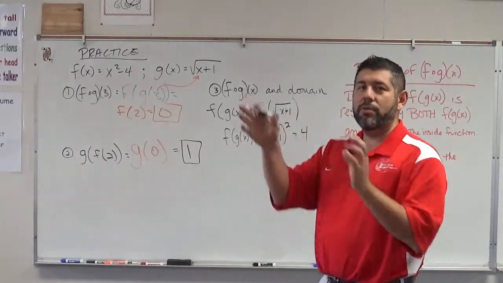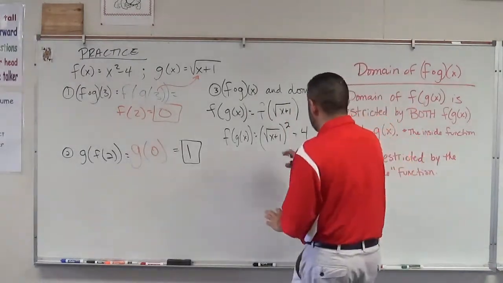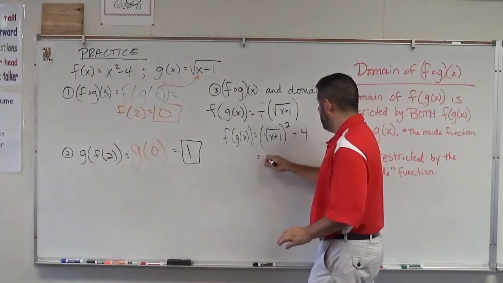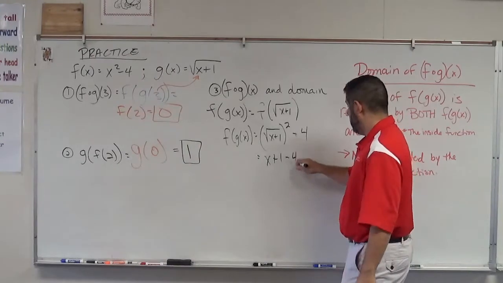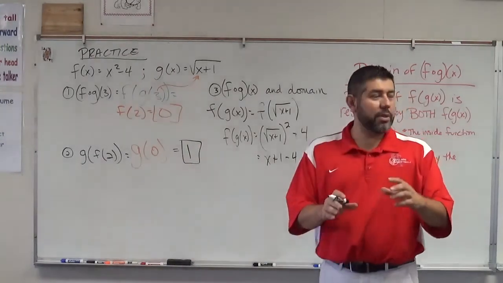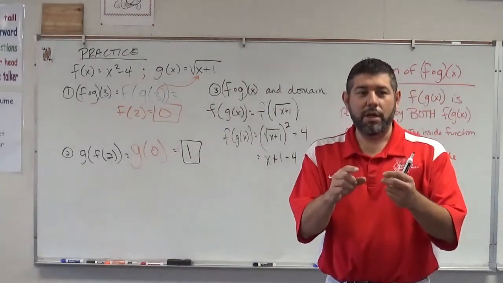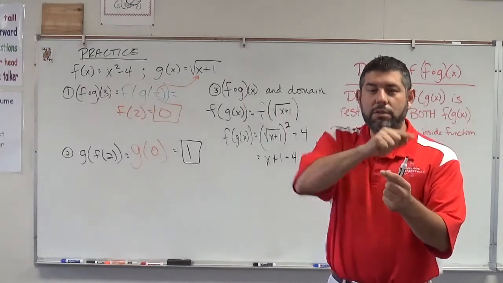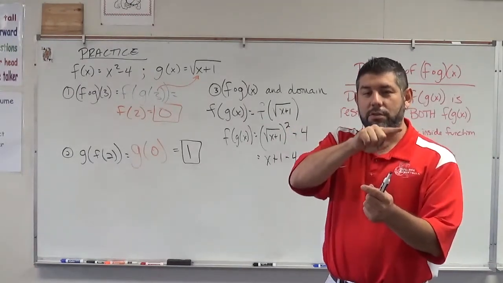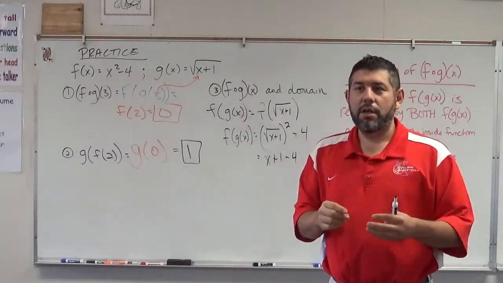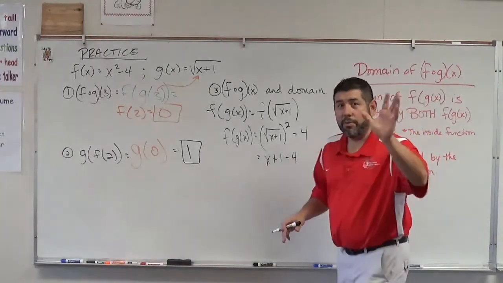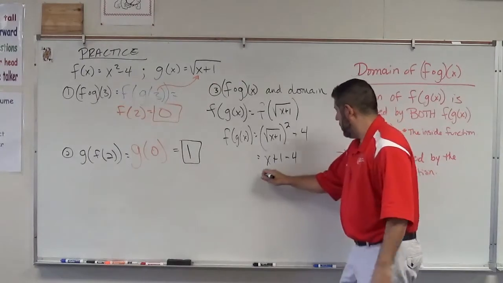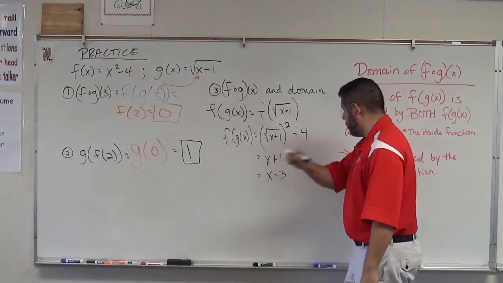It has to do with the powers, but for now, the square root squared is just whatever's inside, x plus 1. Don't confuse that with the square root of x squared. That's something different, which we'll get to some other time, but not on this video. So we get x minus 3.